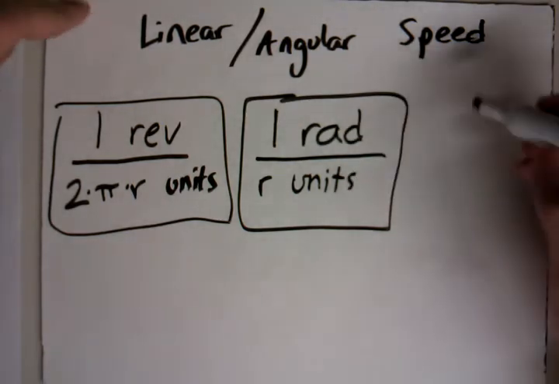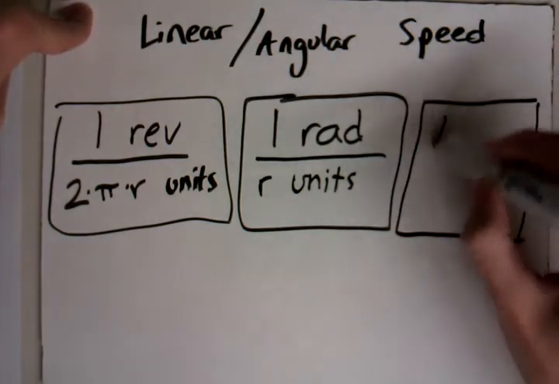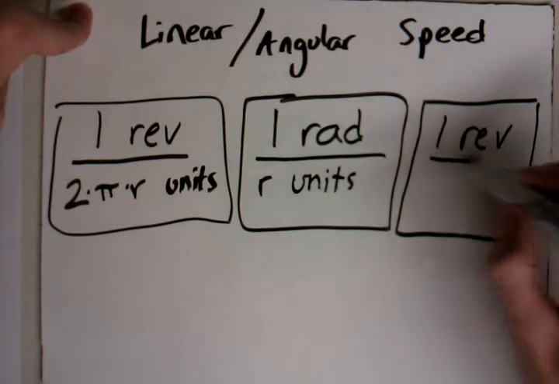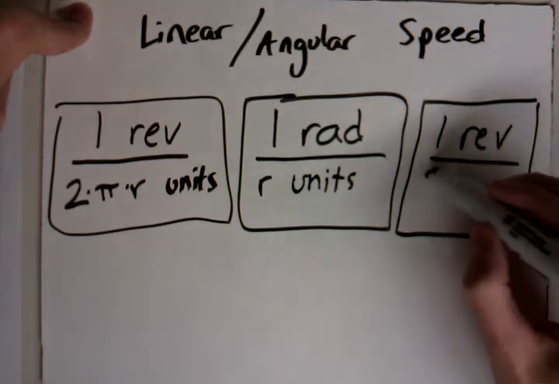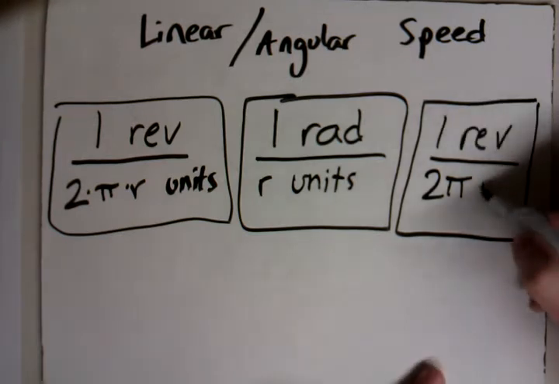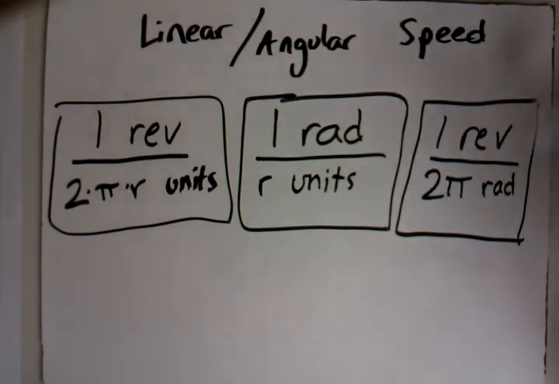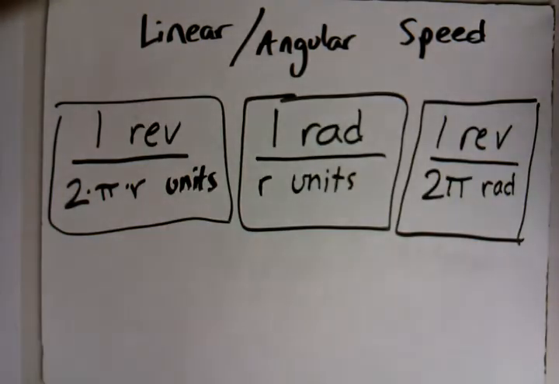And then the last one is I also know how to convert between revolutions and radians, because in 1 full revolution there are 2 pi radians, and we know that from the unit circle, or from any circle really. So these are the 3 main little tips that you can use when you're doing dimensional analysis or unit analysis in a linear or angular speed problem.